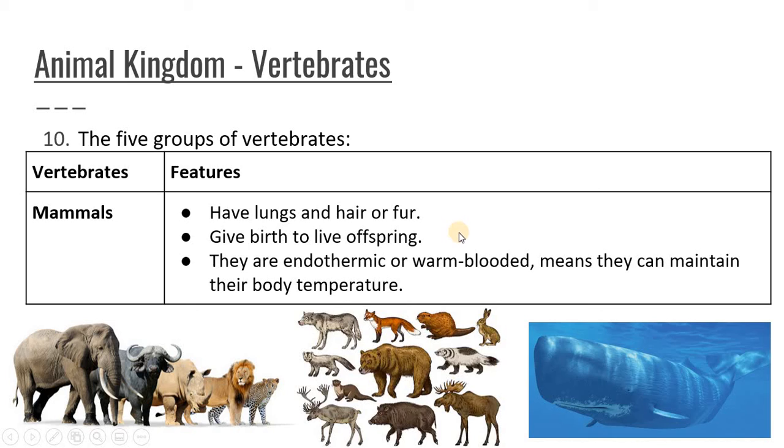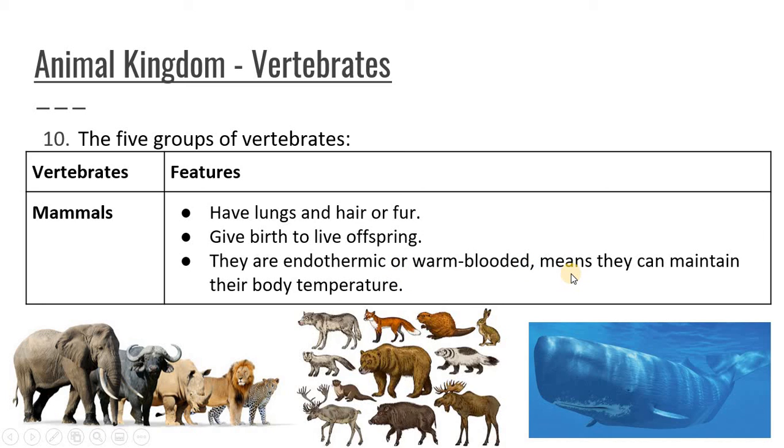Give birth to live offspring, for example, a dog does not lay eggs. A puppy does not hatch from an egg. So you see a baby puppy that is able to cry, that is able to breathe when it first enters our world. And of course, mammals are endothermic, or sometimes we call them warm-blooded animals.